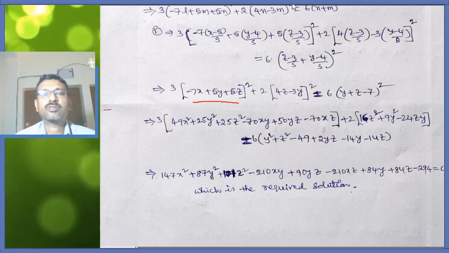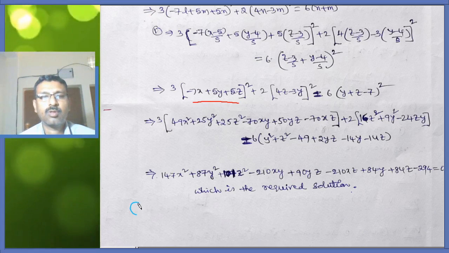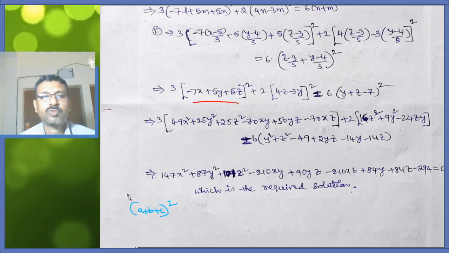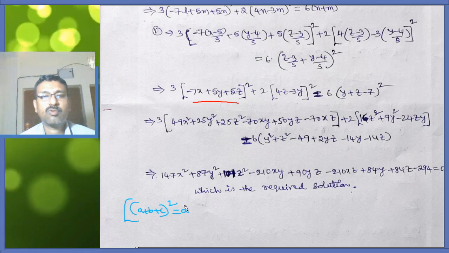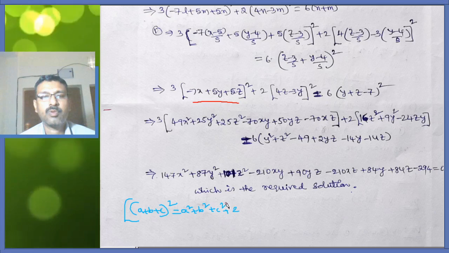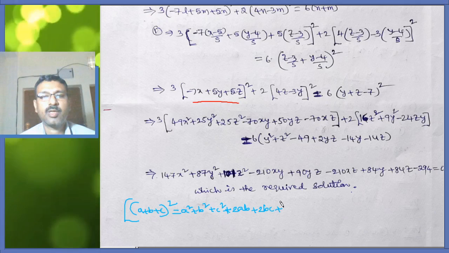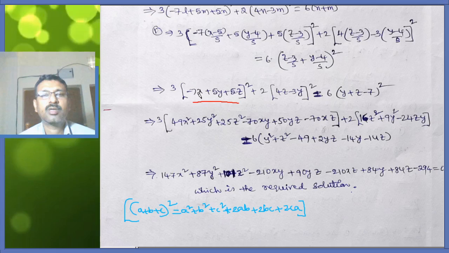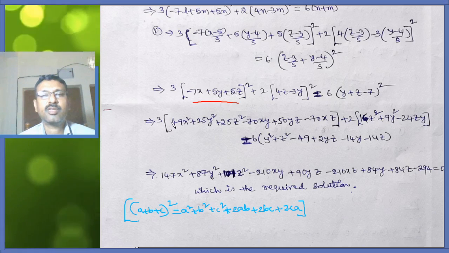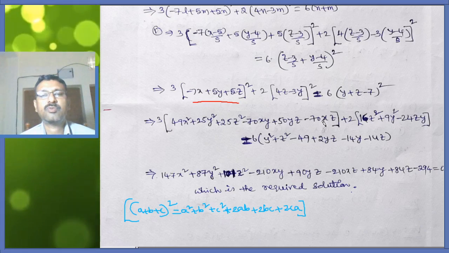Using those formulas, I am writing the formula: a plus b plus c whole square is equal to a square plus b square plus c square plus 2ab plus 2bc plus 2ca. So here a is minus 7x, b is 5y, c is 5z. 3 into a square plus b square plus c square, here is 2ab, 2bc, 2ca.